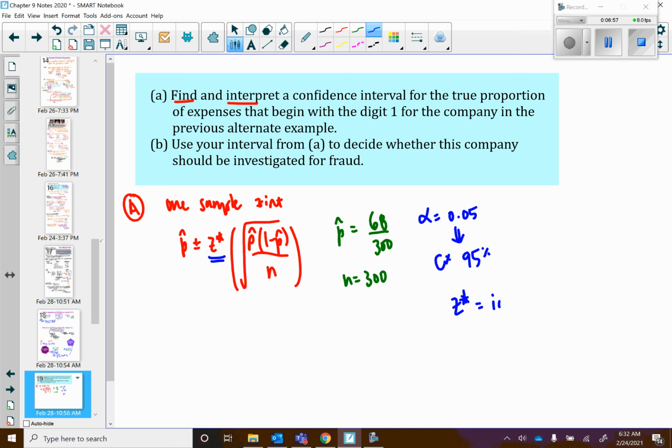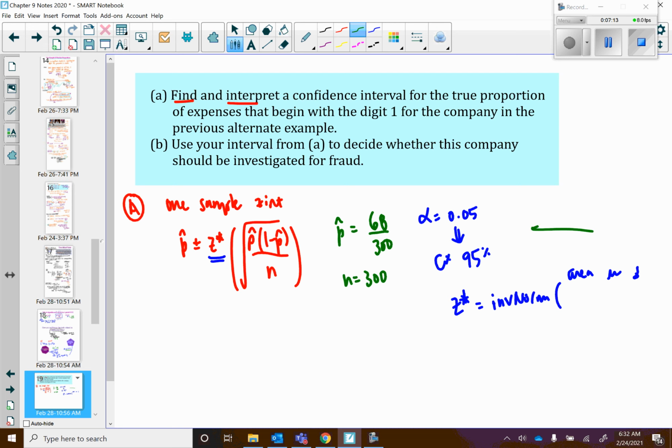I don't have the calculator on my laptop, I apologize, but you're going to go to inverse norm. We are looking at area, mean, standard deviation.